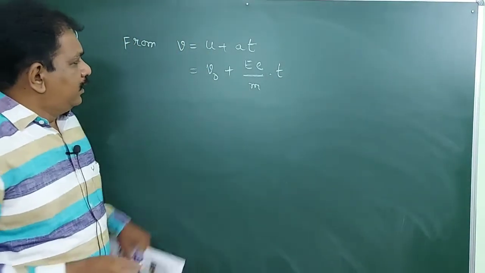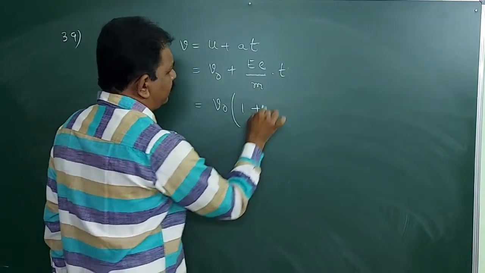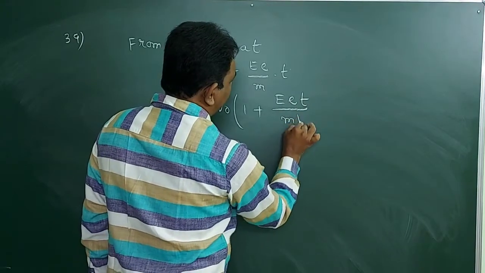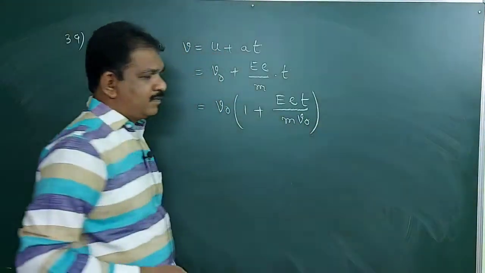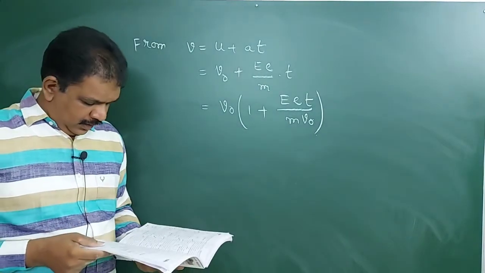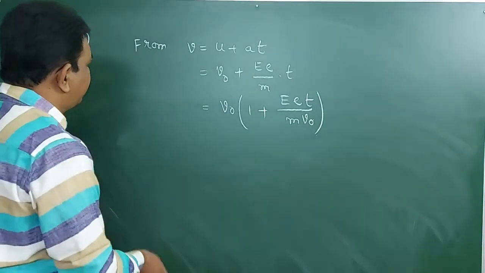Here I will take v naught common. So v naught, here 1 will come, and here eEt by m v naught. Then we got v, so find lambda.